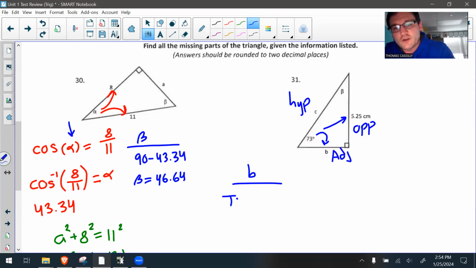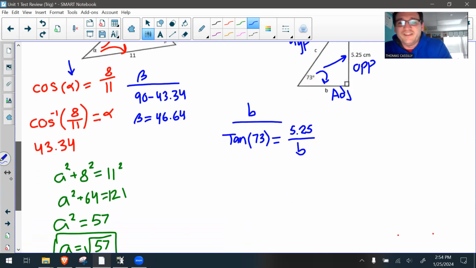So the tangent of 73 degrees equals 5.25 divided by B. Now B is a variable in the denominator.